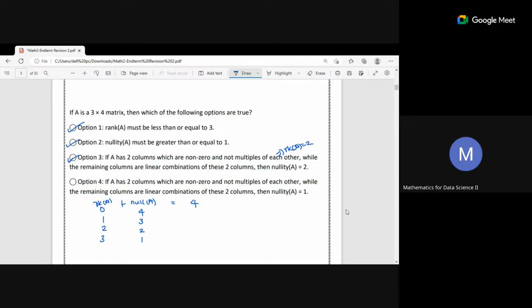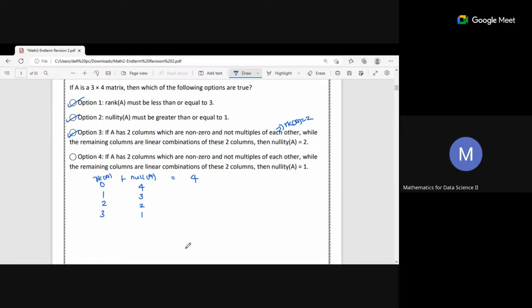Rank of a matrix is equal to the number of linearly independent rows or columns. In this case, from the given information, we know that there are 2 linearly independent columns, hence rank of A is equal to 2. Okay, fine.